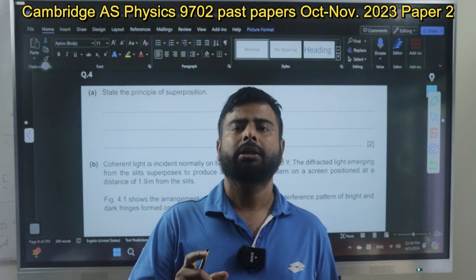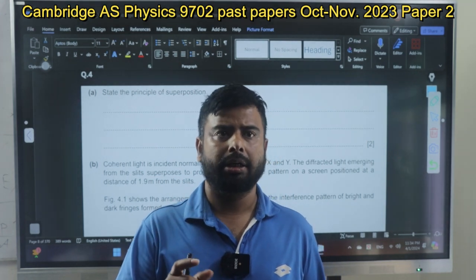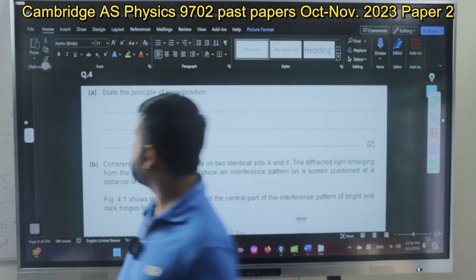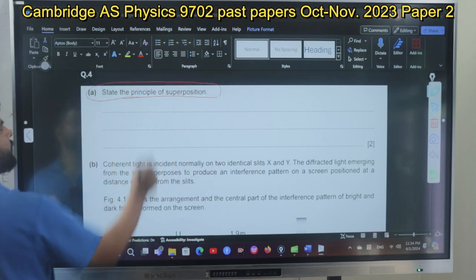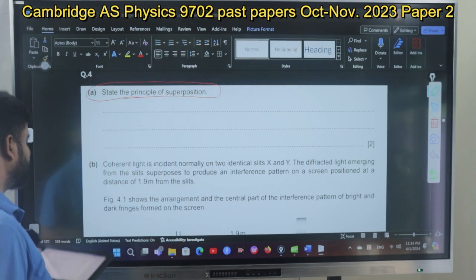Hans Christian Huygens first discovered the principle of superposition. What is the principle of superposition?